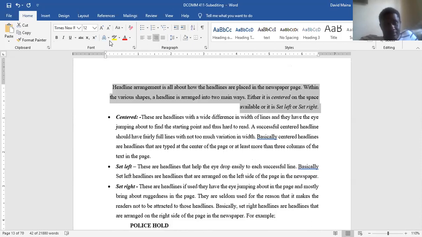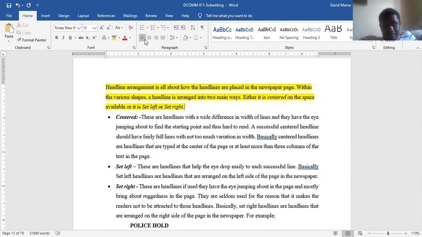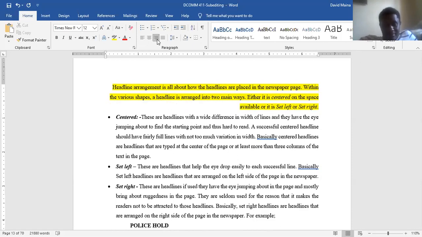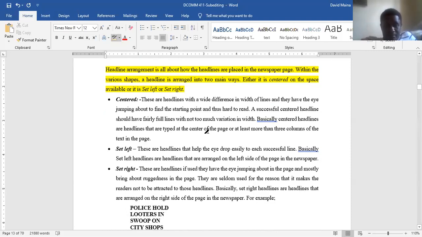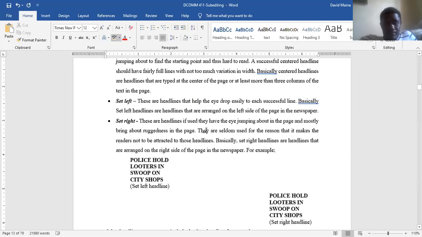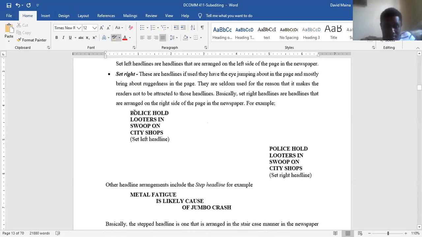That is right. I'm working with this. You can center it, you can set left and you can set right. You can set it right like that. So it can be like that. Then like this one, set right is this one.